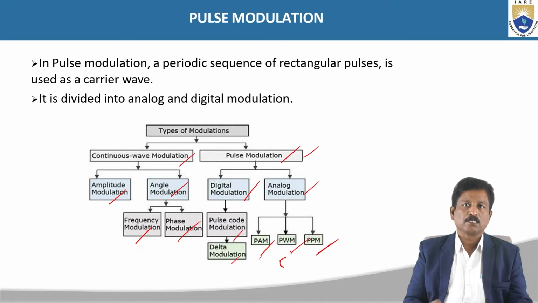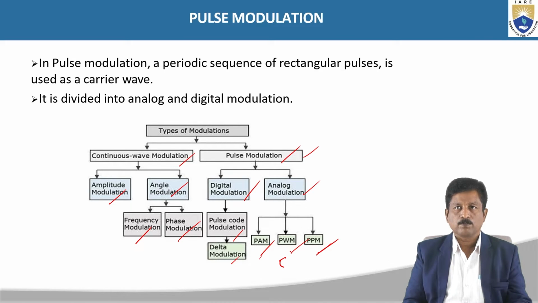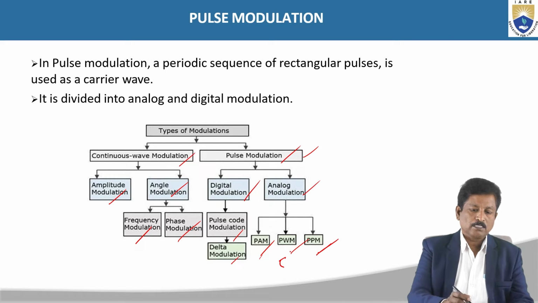So here also we are going to take the three parameters of the carrier pulse. One is the amplitude, another is the width, and the third is the position of the leading edge or trailing edge. If the amplitude of the carrier pulse is varied according to the instantaneous value of the modulating signal, then it is pulse amplitude modulation.